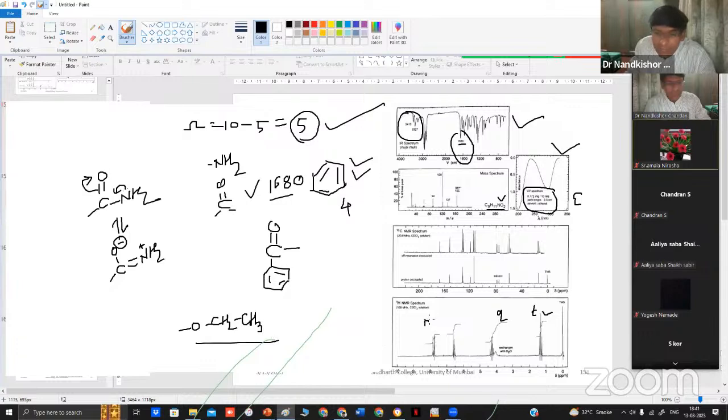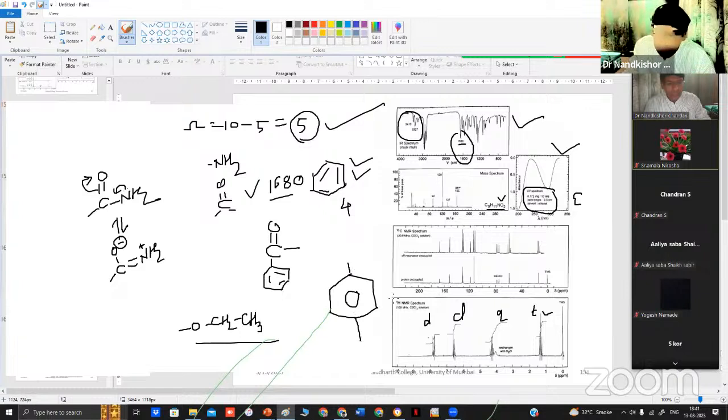Now here, this is a doublet and this is a doublet. This doublet of doublets is always part of a para-substituted pattern in the aromatic ring. If an aromatic ring is present with disubstitution particularly at the para position, this H and this H will be a doublet with each other, and in reverse, this one will be the doublet.